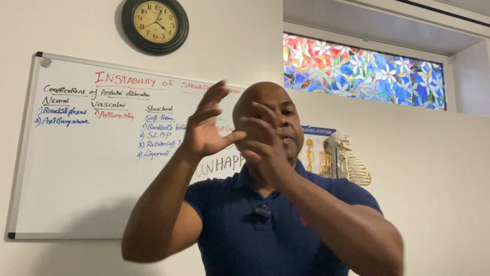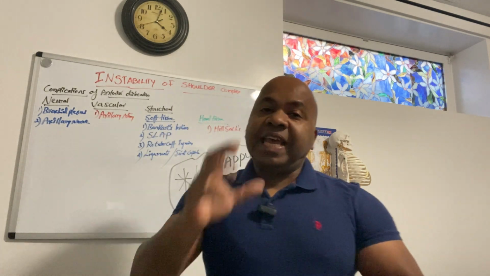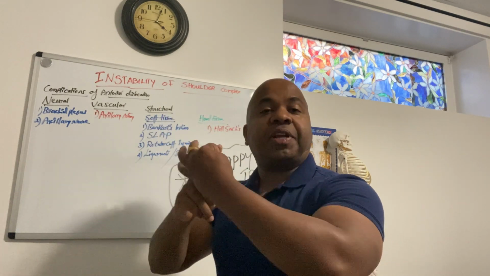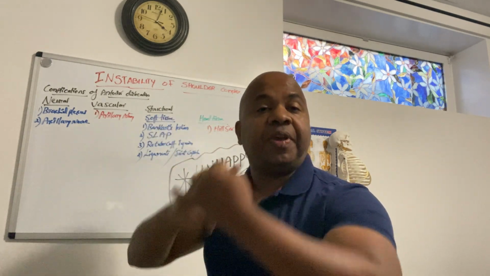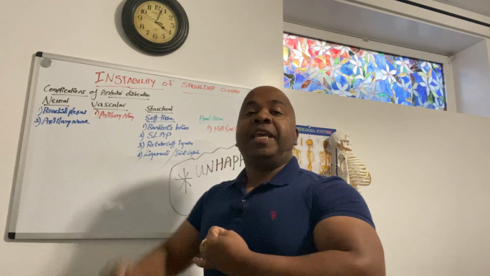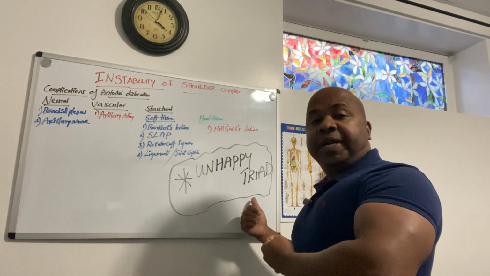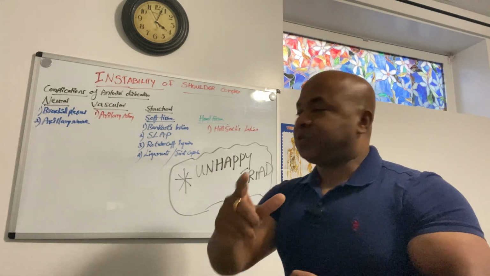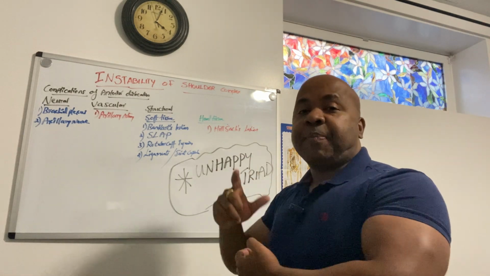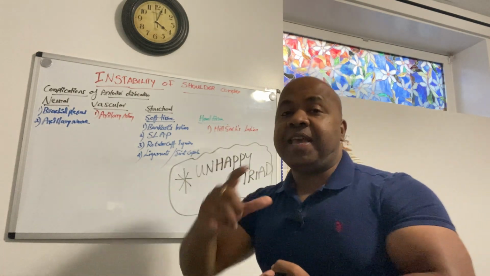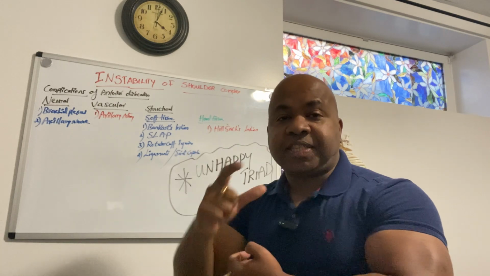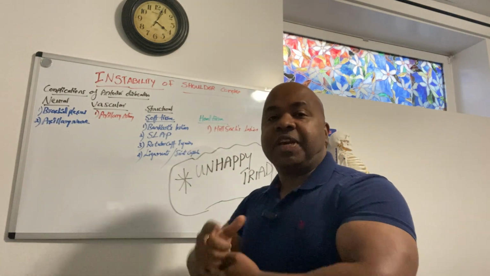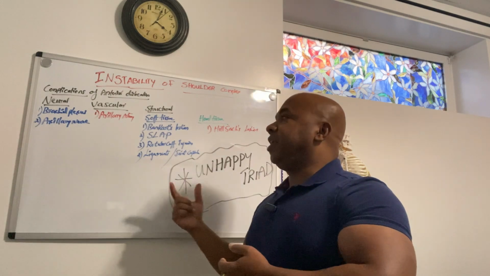And these three injuries, anterior dislocation associated with rotator cuff injuries, associated with axillary nerve injury, is known as the unhappy triad at the shoulder joint. So very, very important. The unhappy triad at the shoulder joint is the anterior shoulder dislocation associated with rotator cuff injuries along with axillary nerve injuries.